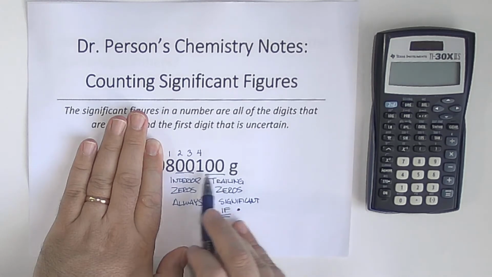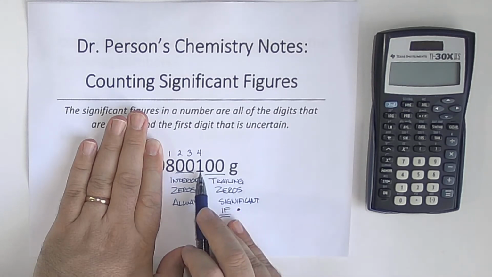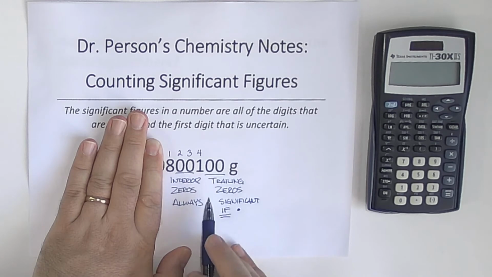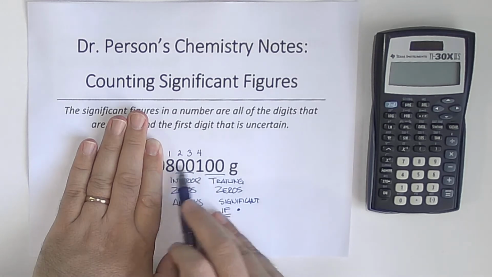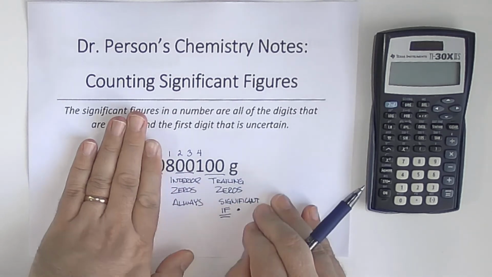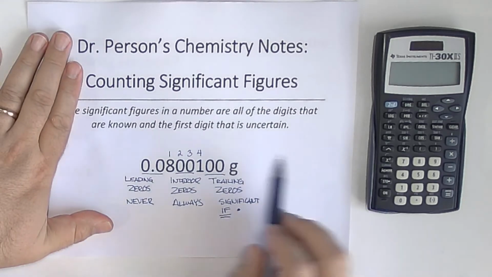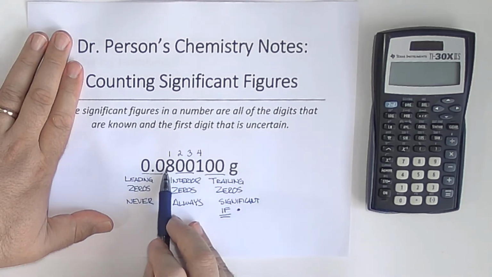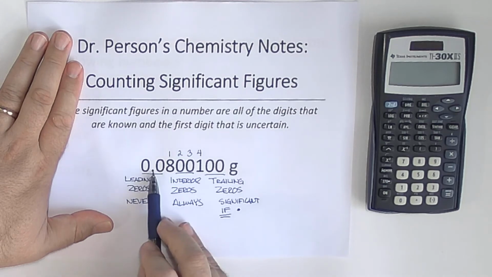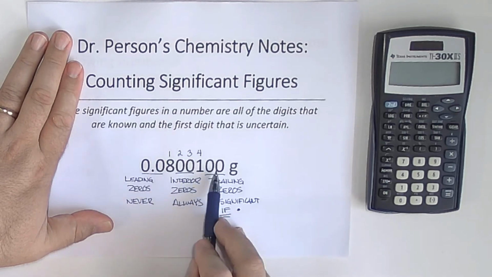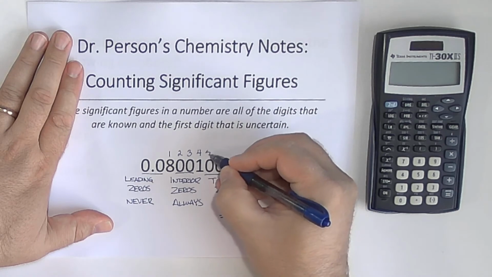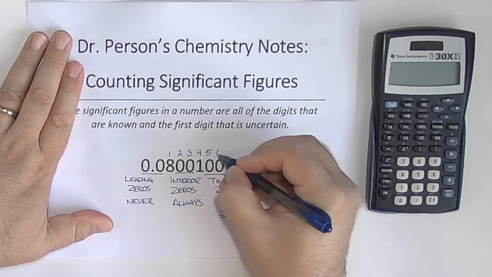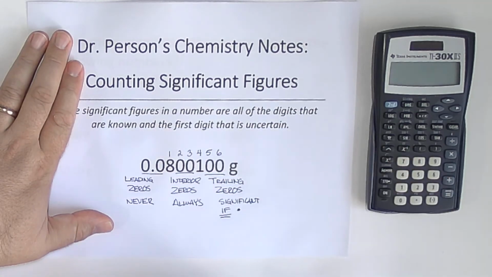Trailing zeros, zeros after the last non-zero digit, are not significant with no decimal point. So 4 significant figures. If we go back to the original number, however, these leading zeros, numbers before the first non-zero digit, are never significant, but the presence of that decimal point makes these trailing zeros count, and we would continue numbering 5 and 6.